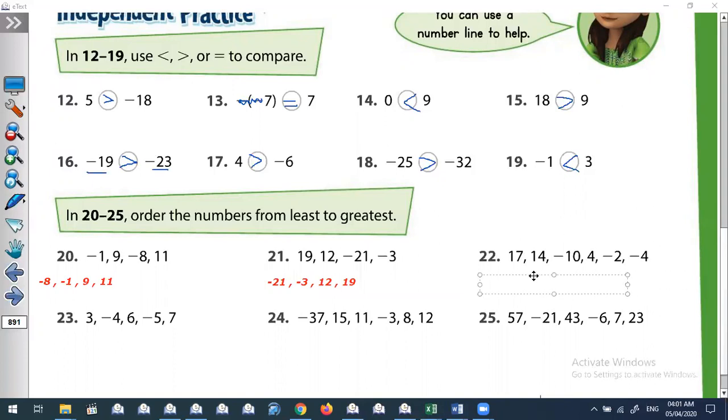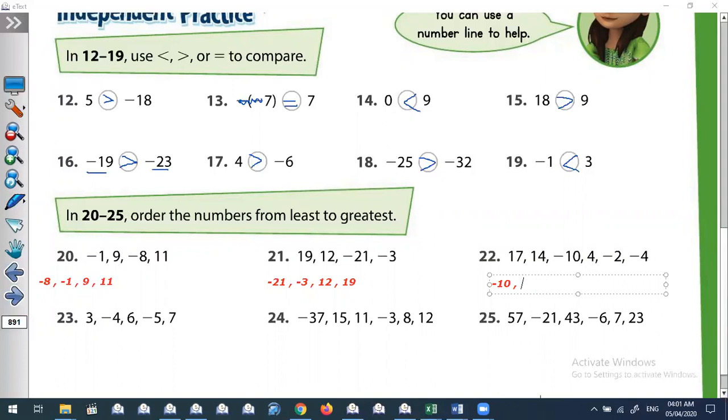The next one, from least to greatest. The least should be the negative. We have negative 10, negative 2, which is the smaller? Yes, negative 10. After negative 10, negative 2. After that, we still have 17, 14, 4. Sorry, we have another negative number, which is negative 4.